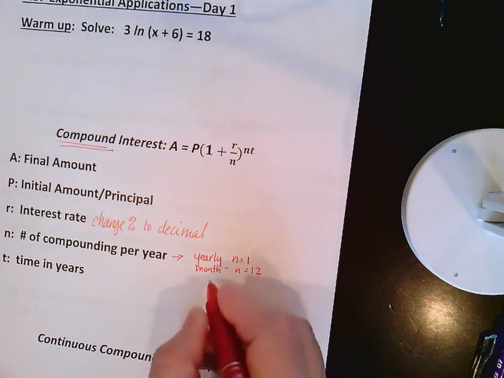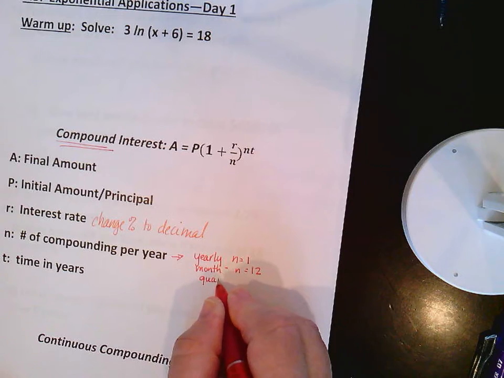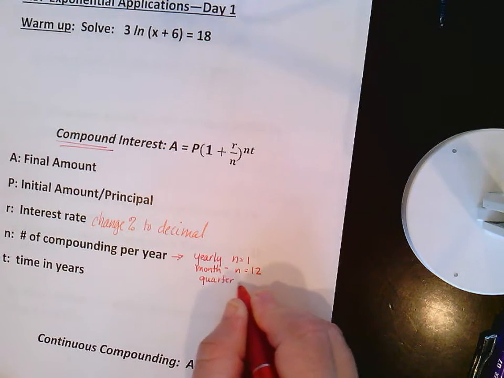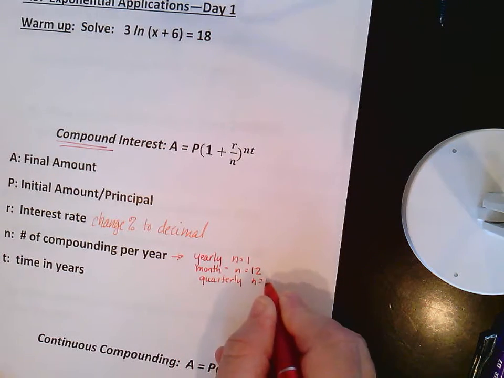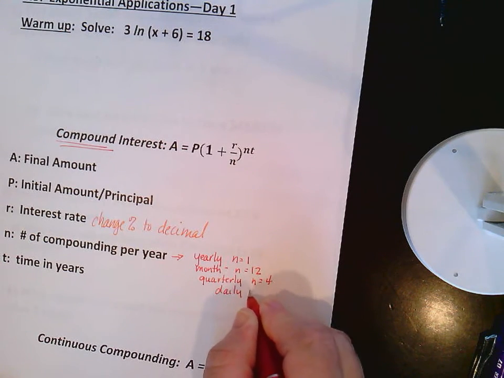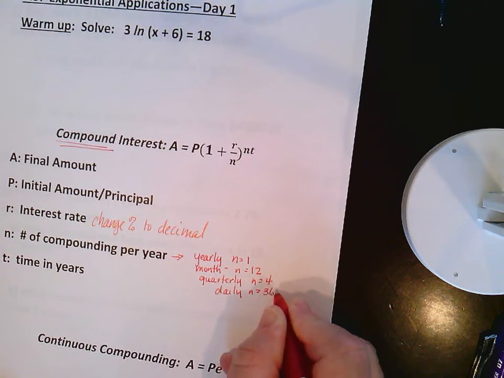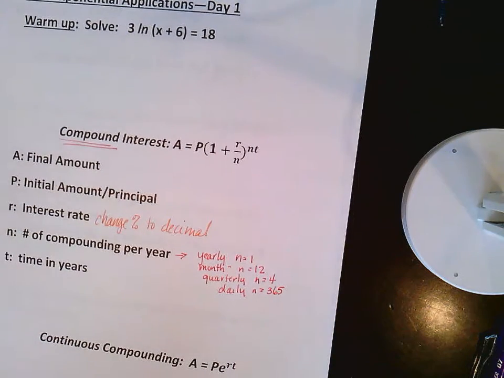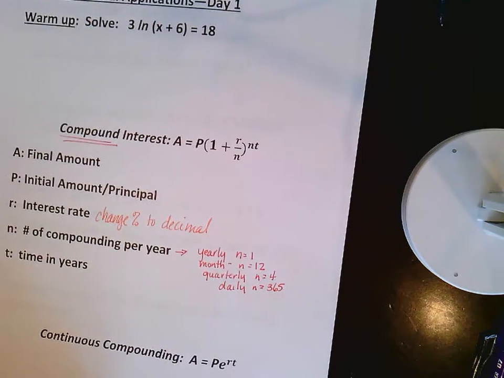Quarterly means it happens 4 times per year, so N equals 4. And daily we use N equals 365. I know once every 4 years we have 366, but we just use 365 as the norm.